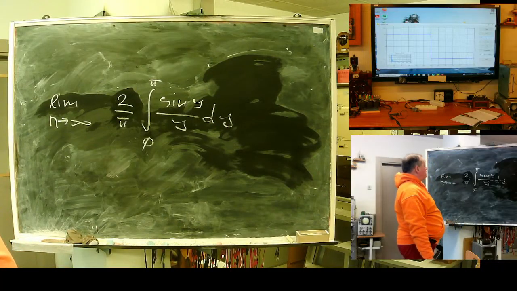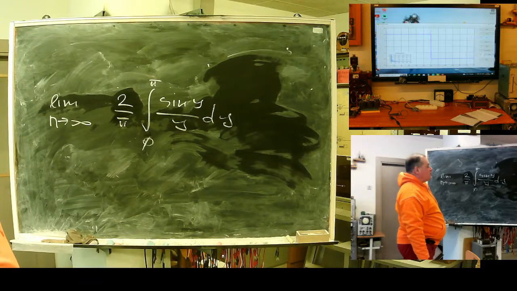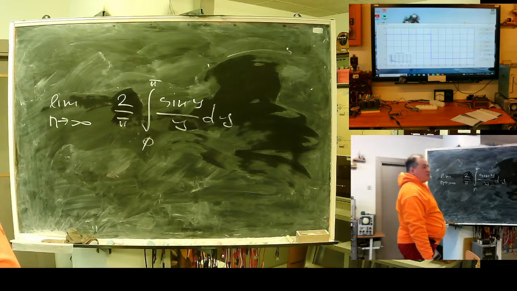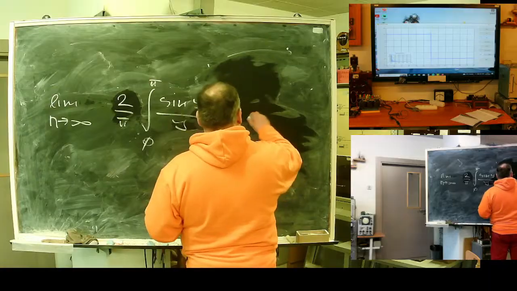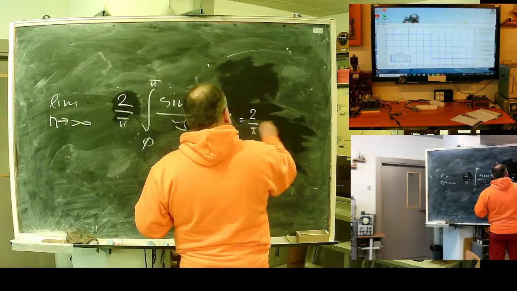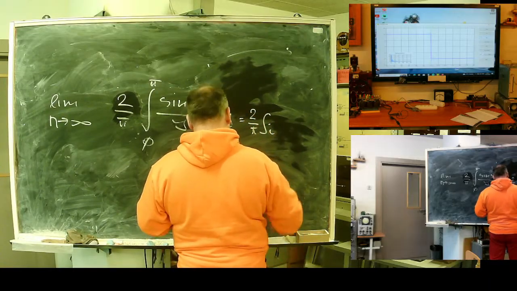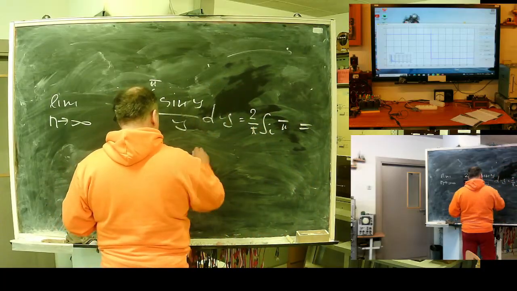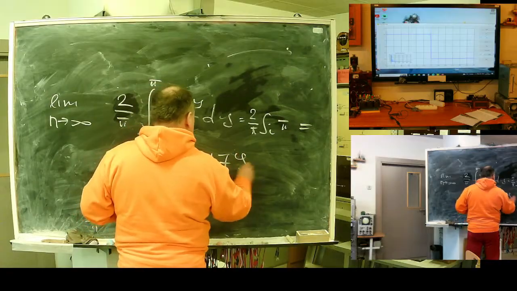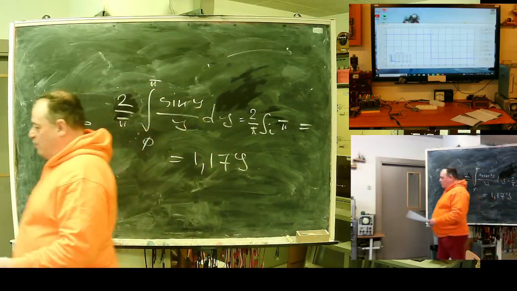The integral of sine of y divided by y is known. It's the integral sine function. We have a table of values for this function. So it's 2 divided by pi times the integral sine of pi, and its value will be 1.179 and so on. What does this mean?